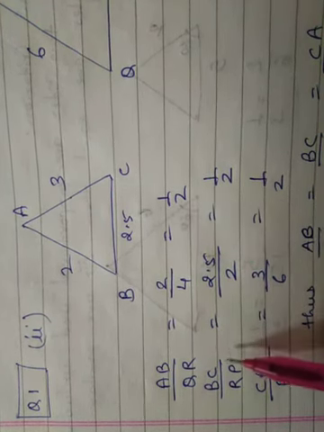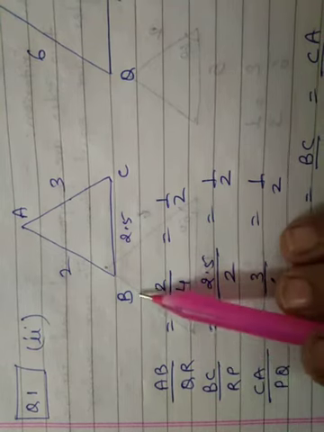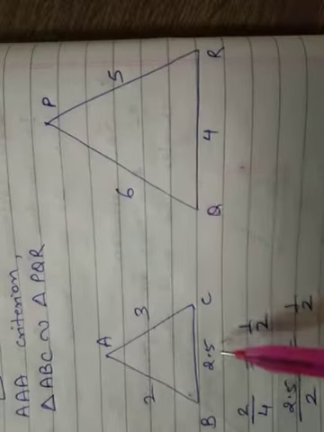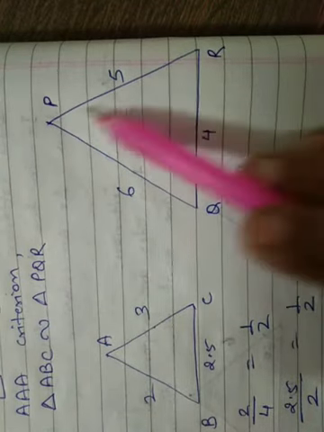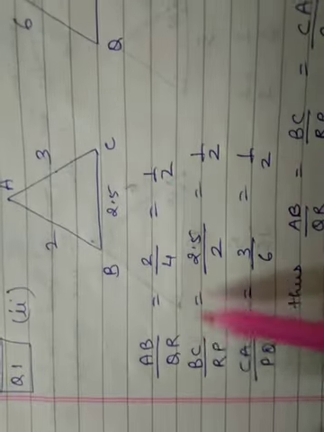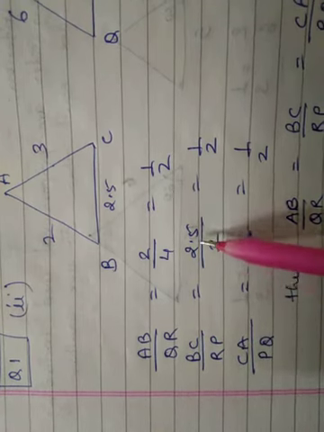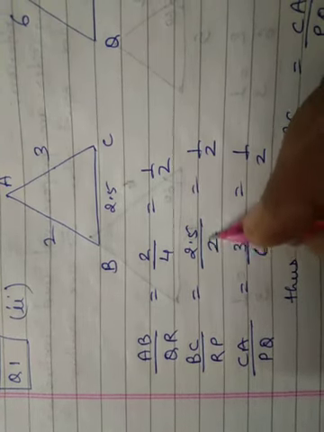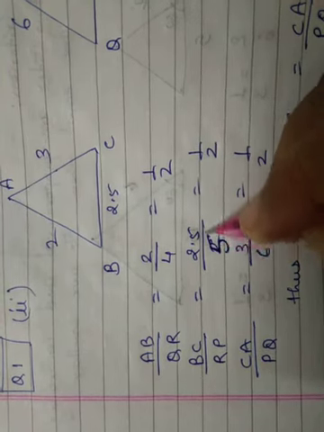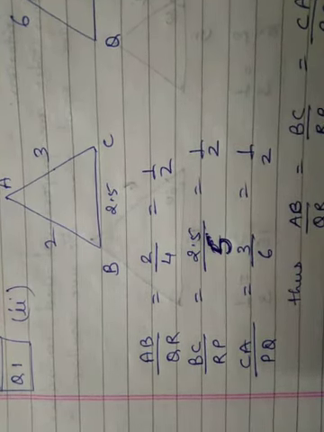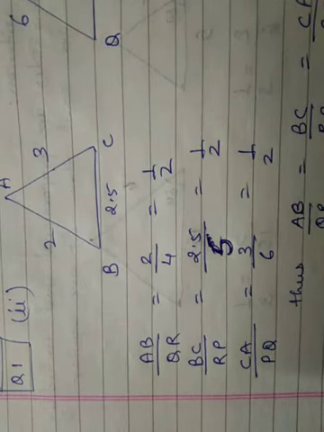Now, in a similar way, I go to the second side. I take BC. BC is 2.5. I take PR along with it in the ratio. So I say BC upon PR or RP is 2.5 upon 5, and that is also going to be 1 upon 2.